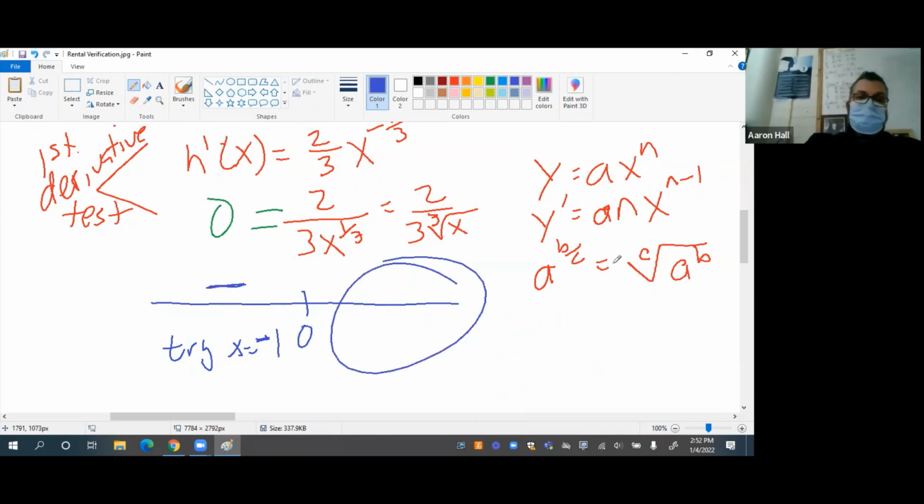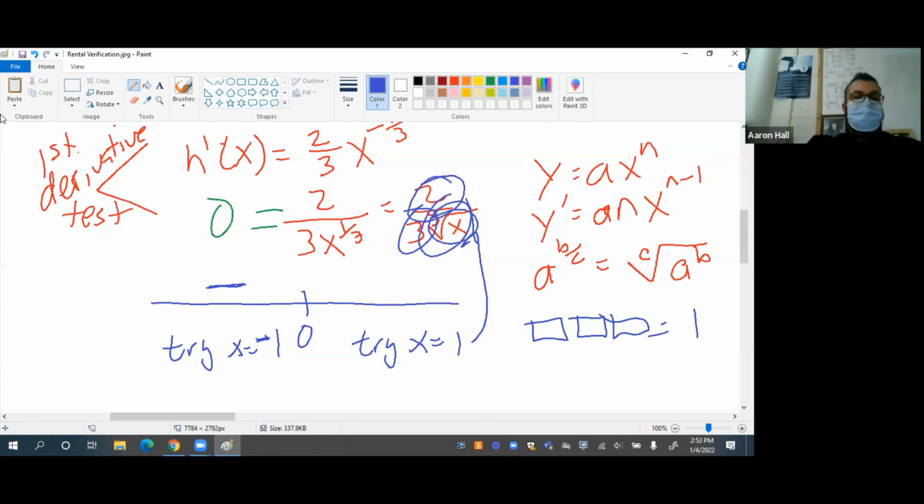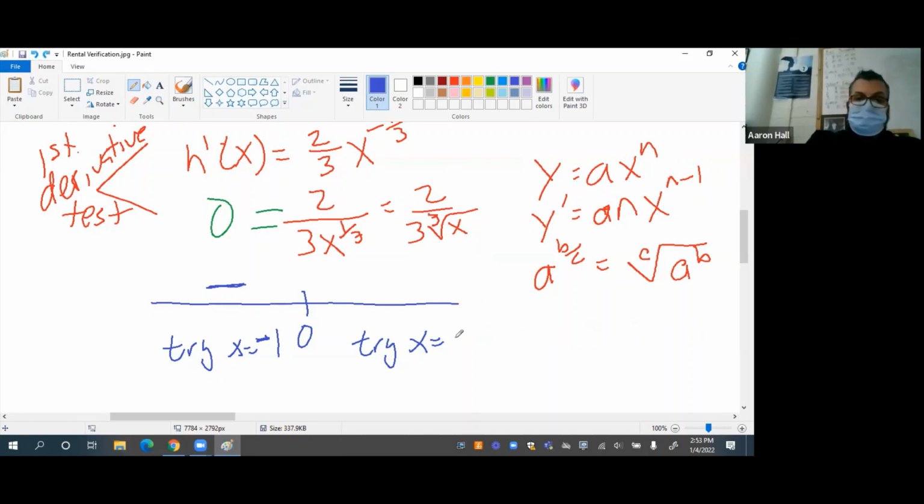What about over here? Try x equals 1, plug that in. What times itself gives us 1? 1 times 3 is 3, 2 over 3, 2/3, it's positive. So on this side, it's positive.